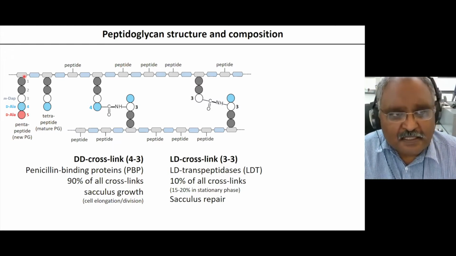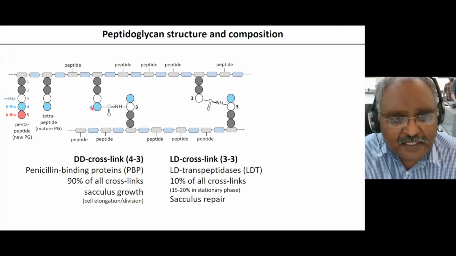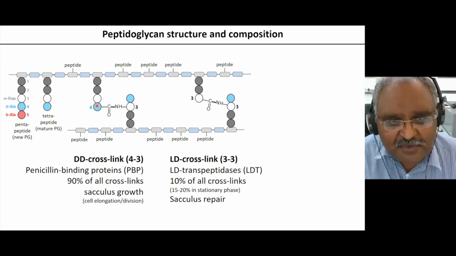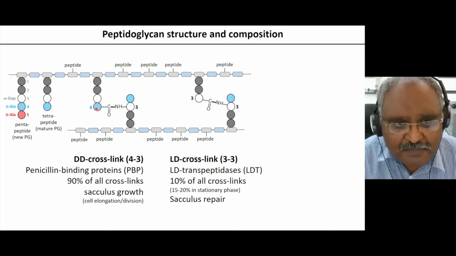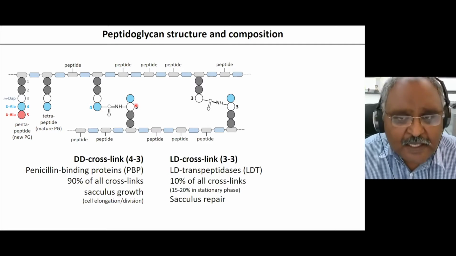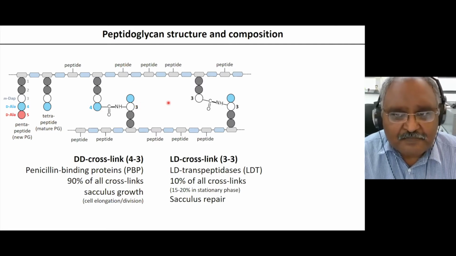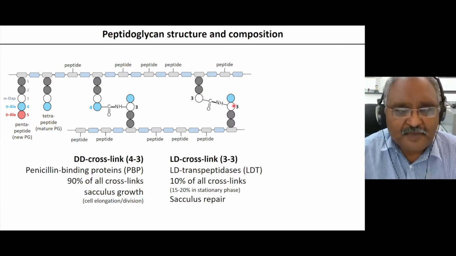The linking of glycan strands is by transglycosylases, and the crosslinks between two peptide strands are made by transpeptidases. The normal linking is between the fourth amino acid of one peptide and the third amino acid of the next chain. But as it matures, sometimes we find links between the third amino acid of one and the third amino acid of the other.